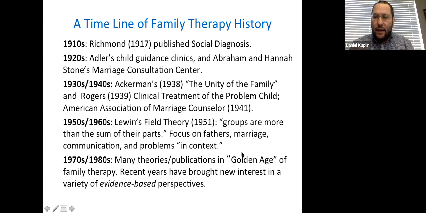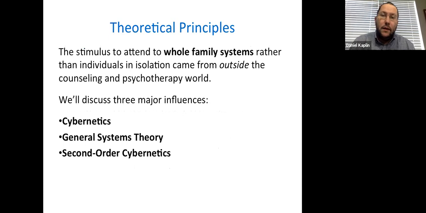So that's a very brief spotlight to show you the contributions of many different people along the way. It's true that I don't think that I covered everyone or everything I could have covered, but that's a quick primer. Now, some theoretical principles.